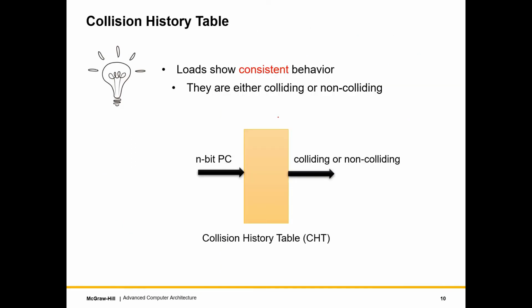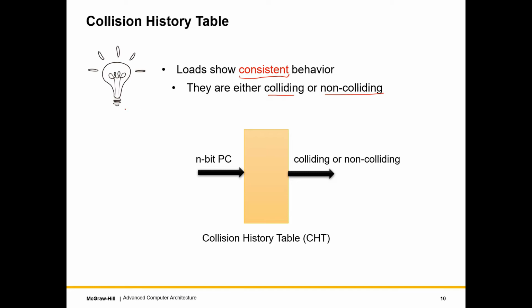Okay, so how do we find collisions? We have a standard template that we have set up in our good old branch prediction days. So given that we have learned that, we just keep on using it. Some loads do show a consistent behavior. They can be predicted as colliding or non-colliding.